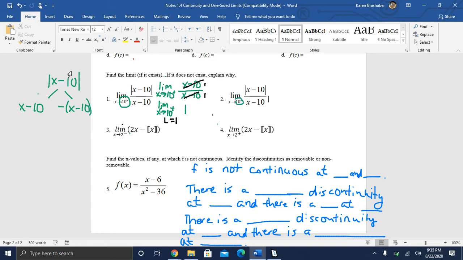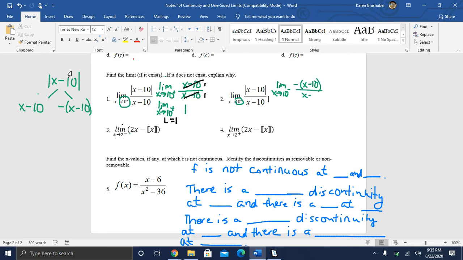So just like we had at the first, if we did the direct substitution, we would get 0 over 0. So that fails, and we have to remove the absolute value as our next strategy. But this time we're looking at the limit as x approaches 10 from the left. So from the left, we want to use the negative branch of that x minus 10. And so we would have, removing the absolute value now, the negative of the quantity x minus 10 as our numerator.